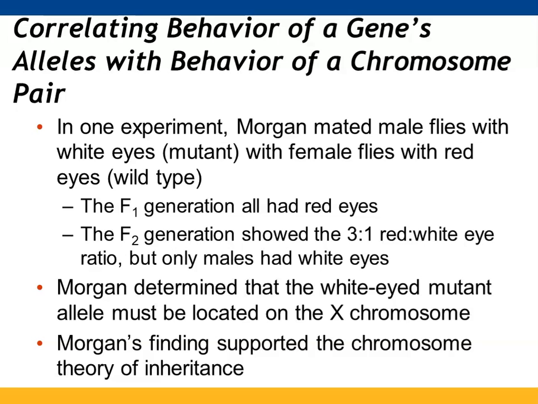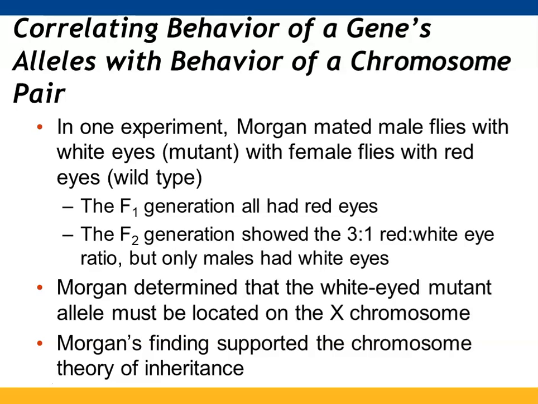And how he was able to correlate the alleles' behavior with chromosomes was he mated male flies that had white eyes with female flies with red eyes that were wild type for both alleles, and the white eyes obviously are mutant for both. And when they produced offspring, whether they were male or female, they only had red eyes.